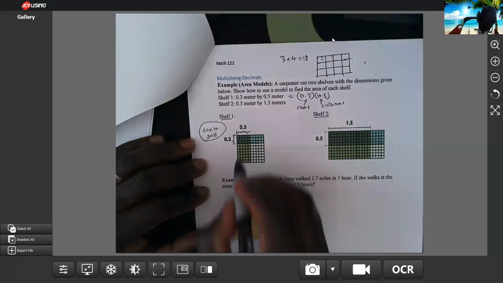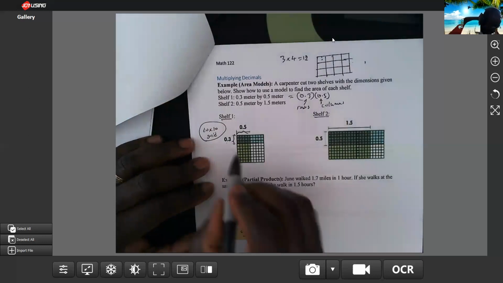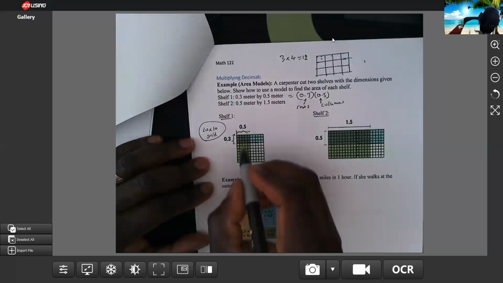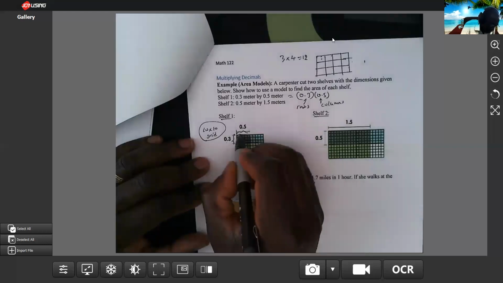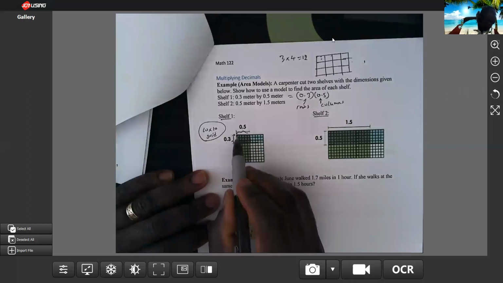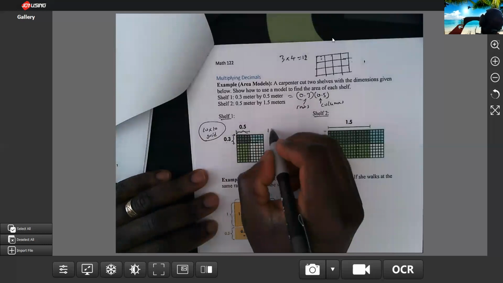And then you are shading the rows, so 0.3 is 3 of the rows. Now, the intersection will be this portion. And how many is that? Let's count, that is 5 times 3 is 15. So you have 15 hundredths.